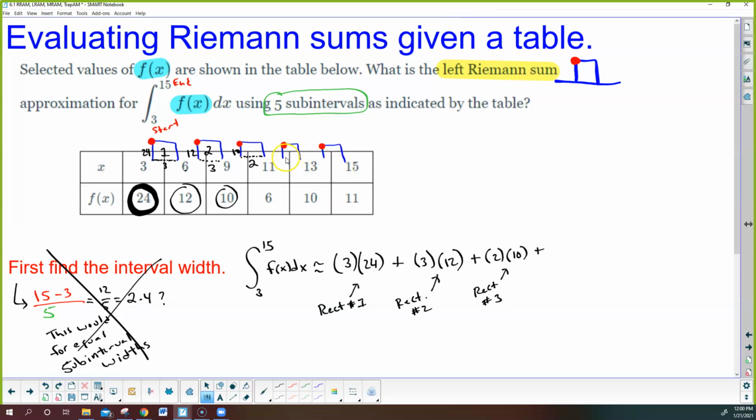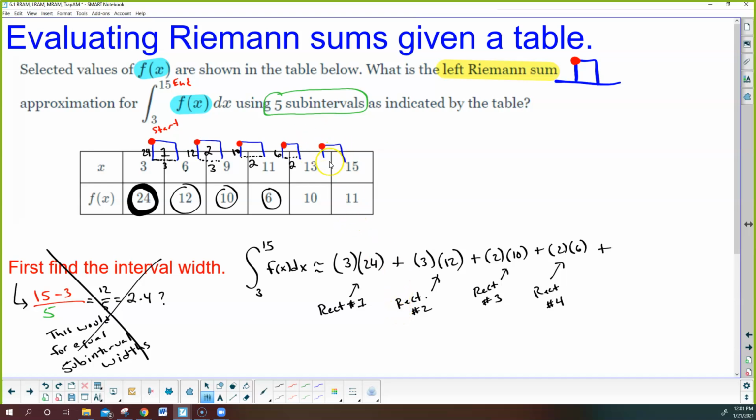And I'll do the same thing with 4. The distance between 13 and 11 is 2. And since we're using the left endpoint, its height is 6. So my width times my height is the area of rectangle 4.